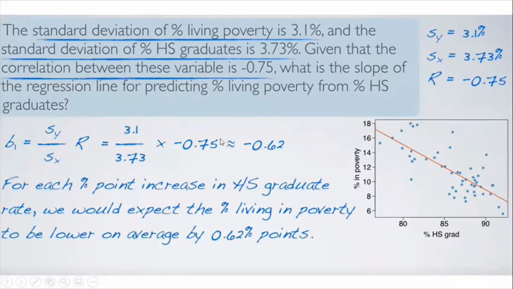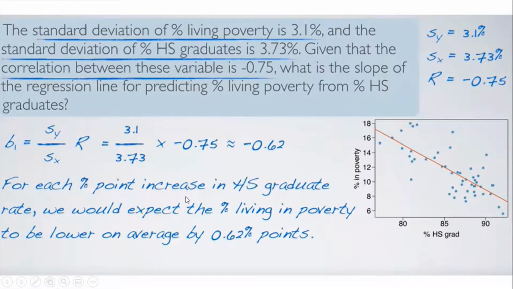So how do we interpret this slope? This is rather important since we are dealing with linear regression. In linear regression, the interpretation of slope is for each percentage point increase, based on this context.